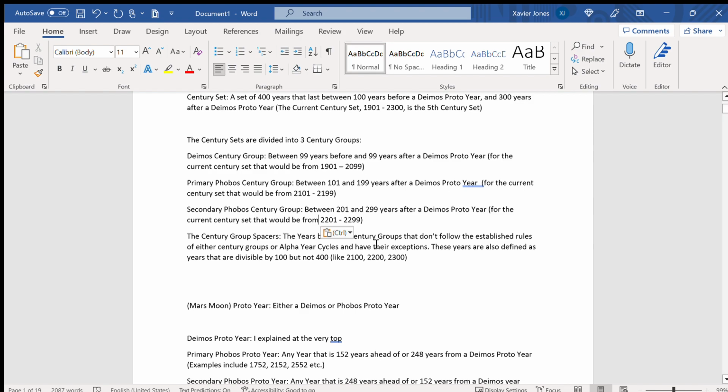The century group spacers, the years between century groups that don't follow the established rules of either century groups or alpha year cycles and have their own exceptions. These years are also defined as years that are divisible by 100 but not 400.